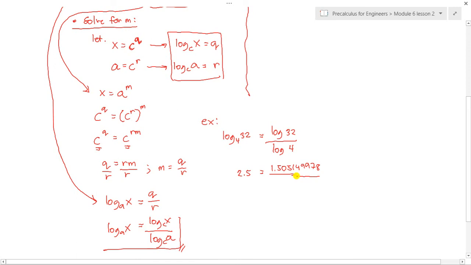Log of 4 is 0.6020599913. Okay, we can simplify these values: 1.505149978 divided by 0.6020599913. The answer, class, is 2.5. So therefore, it is proven.